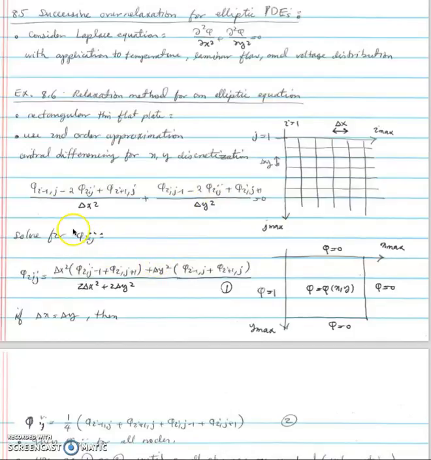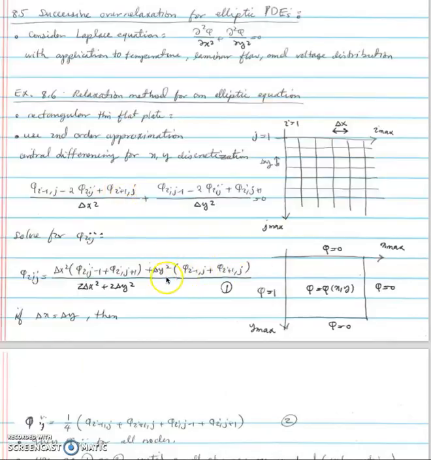So at the end of the day, I get phi ij on the left side equals to, now you have to multiply through by del x squared and del y squared. So if you do the math, you see that on the right side you get del x squared times this term and that term plus del y squared times this term and this term, which is written here.